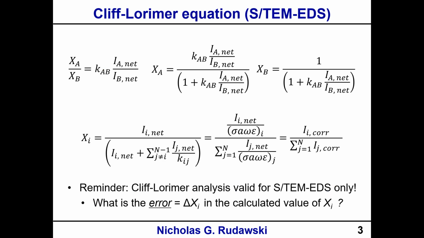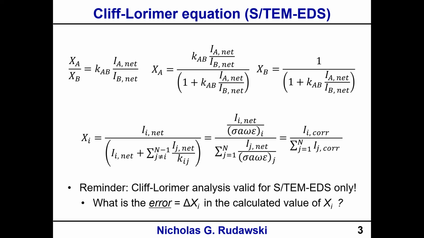That would be a summation over all N terms. When you have the I net divided by the sigma A omega epsilon product, I called that corrected, so the corrected counts of i divided by the sum of the corrected counts of all the elements.